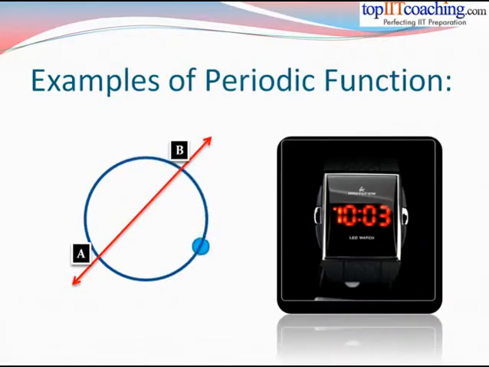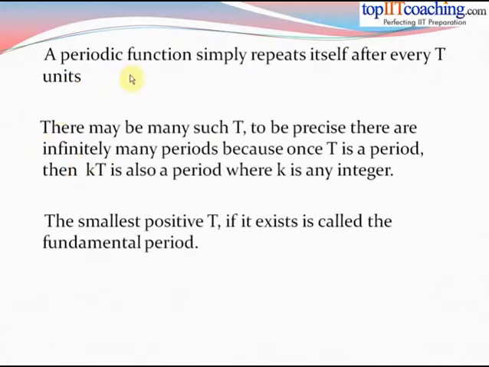Similarly, the time in this digital clock is periodic because it shows the same time after a fixed interval and that is equal to 24 hours. And for an analog clock it would be equal to 12 because after every 12 hours it shows the same time. Thus these are some of the examples of periodic functions. So we can say that a periodic function simply repeats itself after every T units.